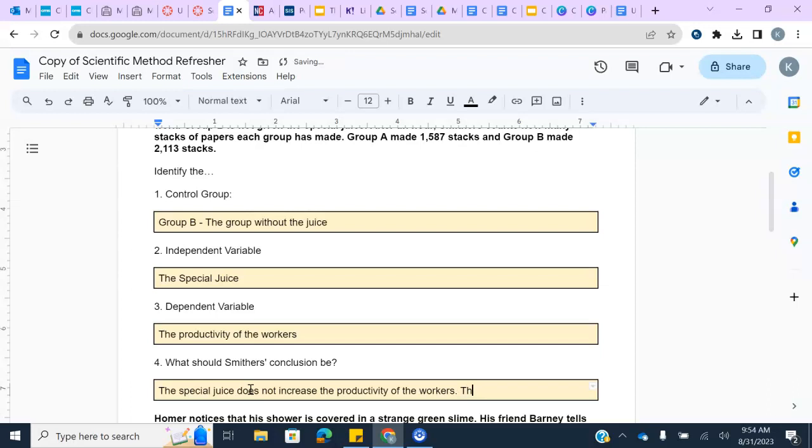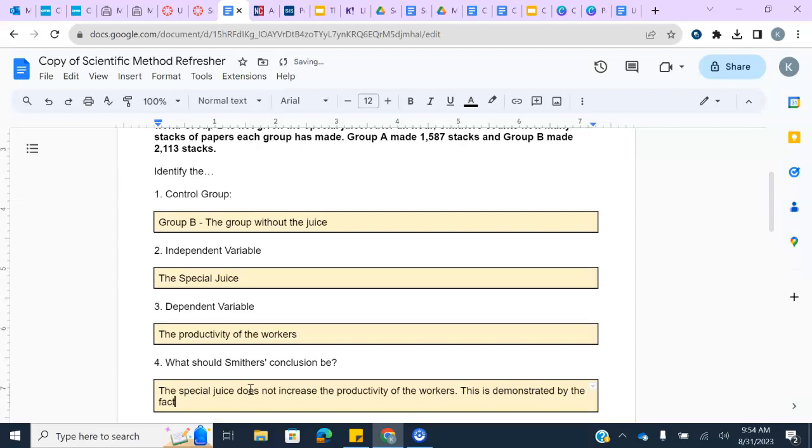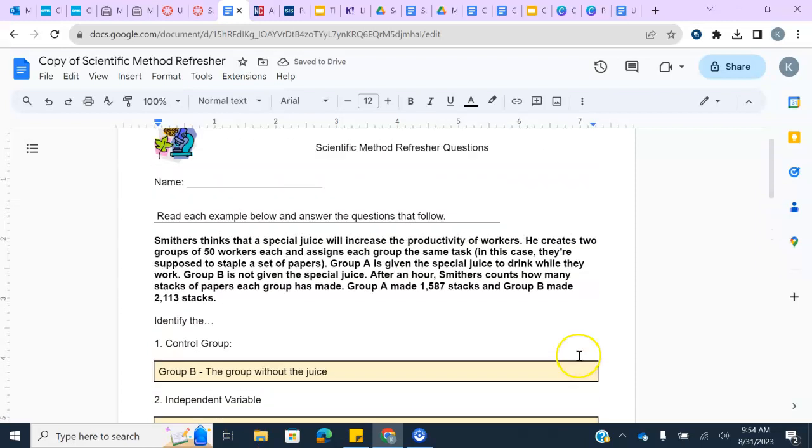So we would say this is demonstrated by the fact that the experimental group, Group A, produced fewer stapled papers than Group B, the control group.